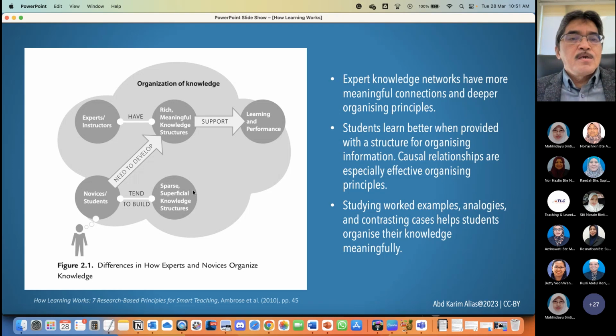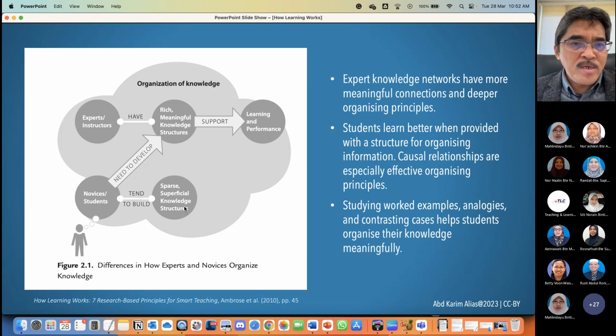Okay, so initially, from the KWL chart, we know that students know something already. They have the baseline information or knowledge, but this information could be scattered or very superficial, very shallow, sparse, superficial knowledge structures.